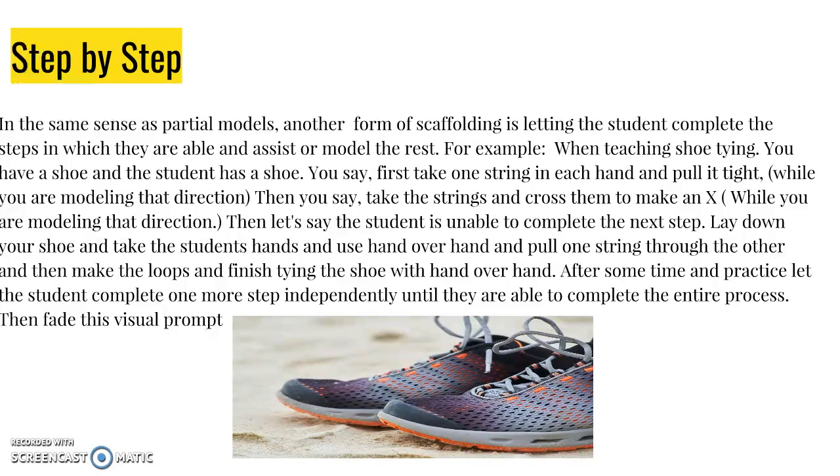After some time and practice, let the student complete one more step independently until they are able to complete the entire process. Then we will fade the visual prompt. And I will help you with that as far as the fading of prompts, but I just kind of want you to get an idea of the process.